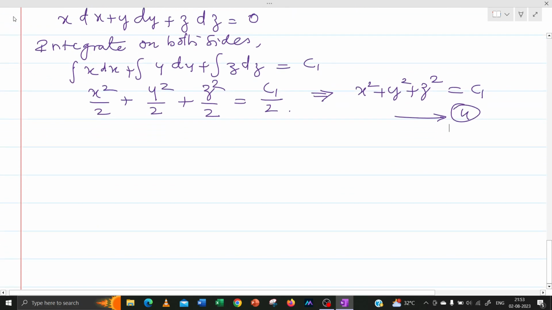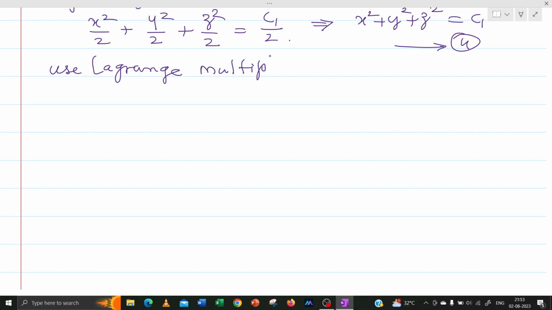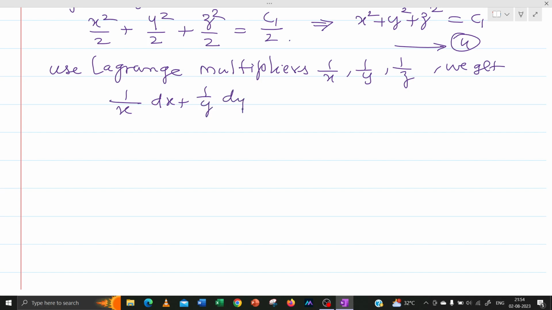Similarly, we have to find one more solution v. That means we choose the multipliers, use the Lagrange multipliers 1 by x, 1 by y, 1 by z. Then we get 1 by x dx plus 1 by y dy plus 1 by z dz.